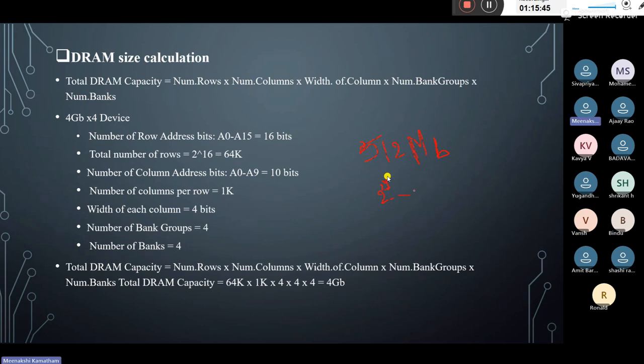We need to remove the GB, 2 power 2 here, so 2 power 27. After that we have to remove the bank groups, 2 power 2 again, since there are 4 bank groups. So 2 power 25.